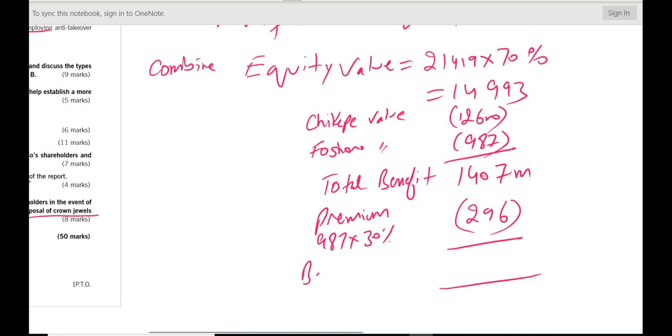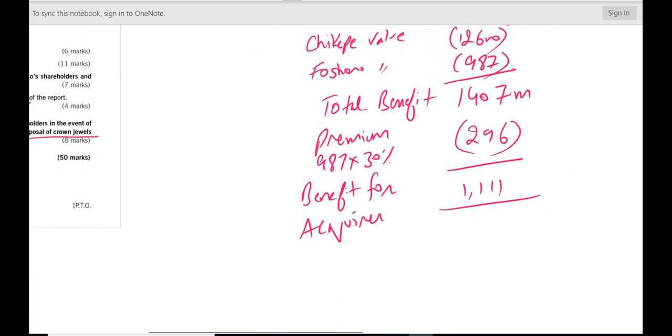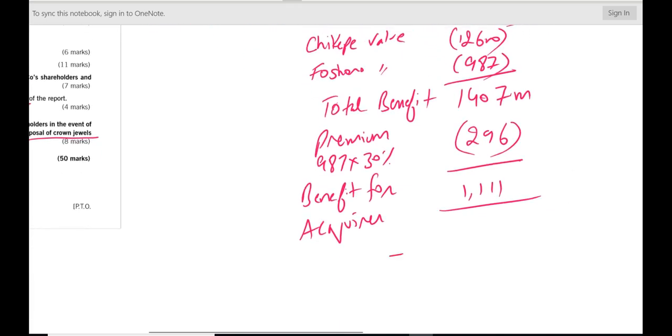So the benefit for the acquirer is 1,111, and that is approximately, in terms of percentage, a return of approximately 9%.